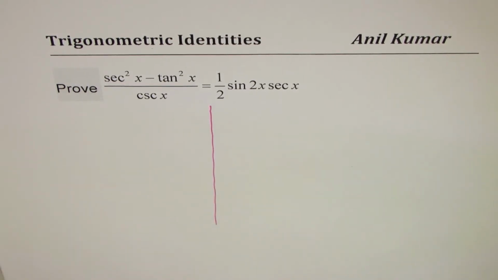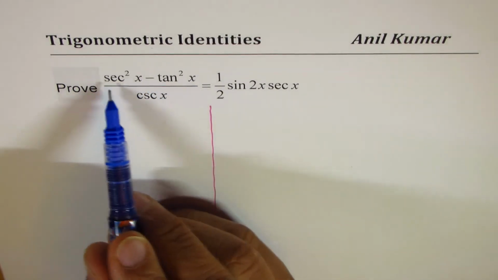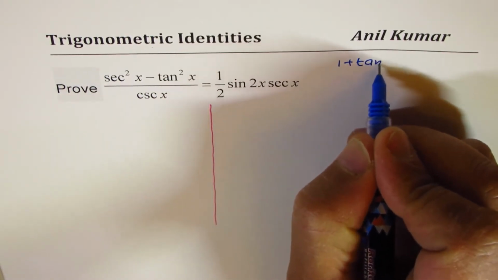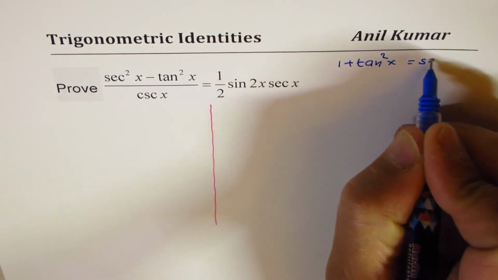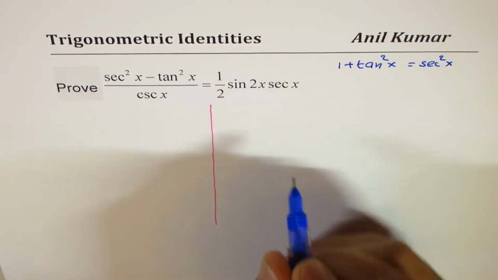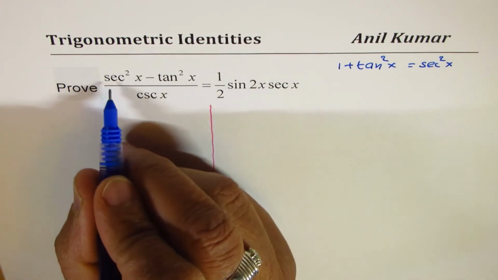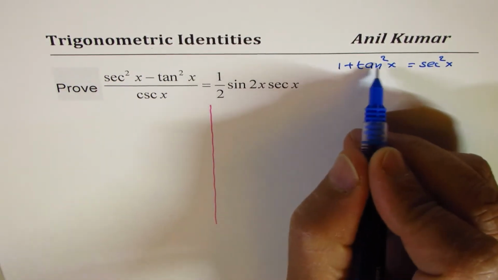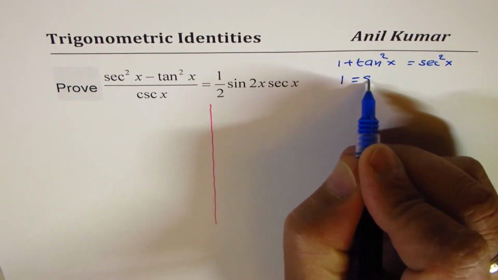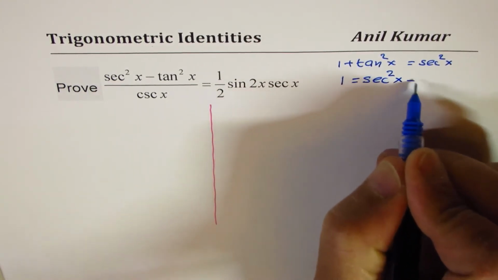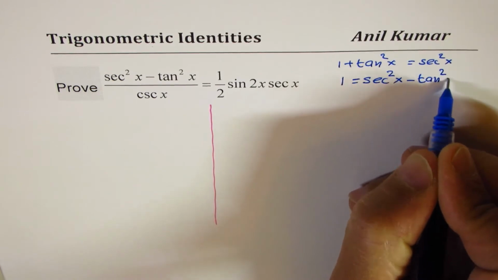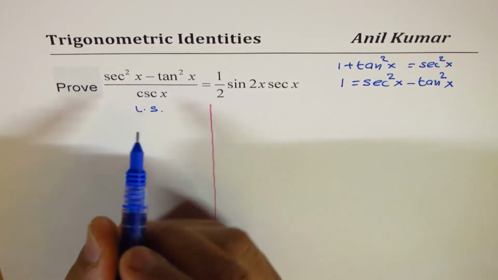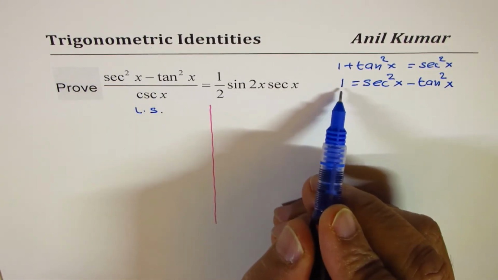Now let's also look into a few identities which relate tan and secant squares. 1 plus tan square x is equal to secant square x. And therefore, if we want to see what secant square x minus tan square x is, let's put this tan on this side. So we get 1 equals secant square x minus tan square x. Is that correct? So on the left side, I could write this numerator as 1, right?